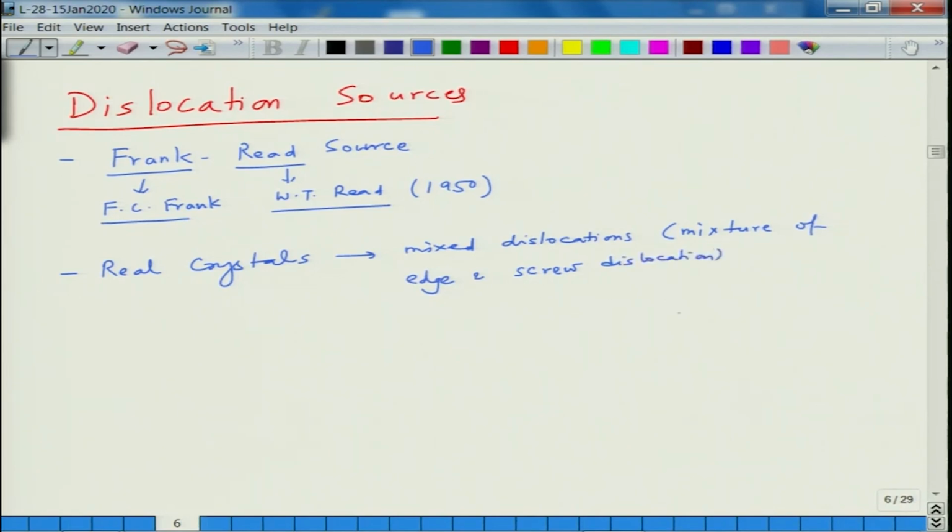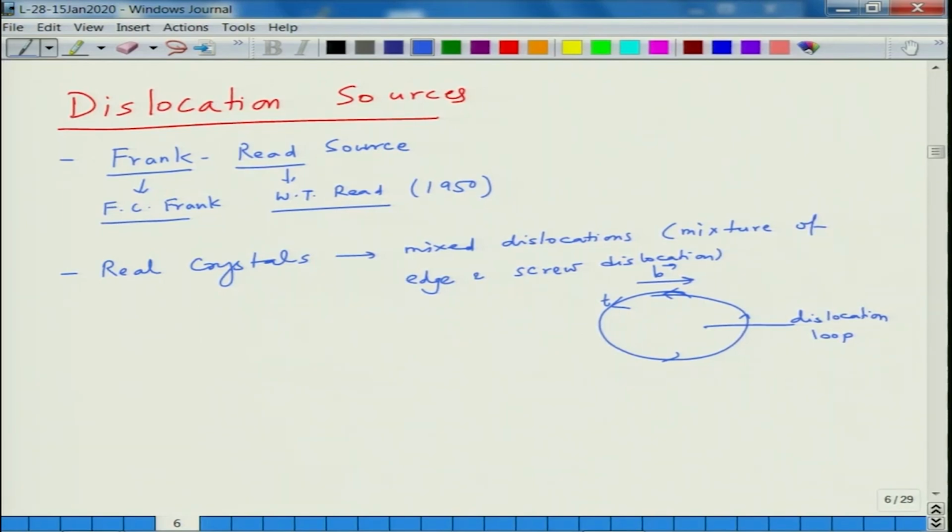Just like a dislocation loop, we have something like this. So, this is the T vector. Depending upon the net step that is being created, you will have screw and edge components. So, this is let us say the B, and this is T. Depending upon the correlation between B and T, we will have edge and screw at various sites.